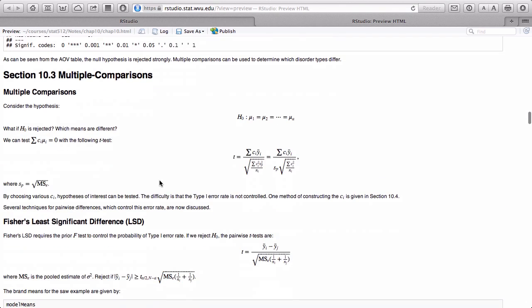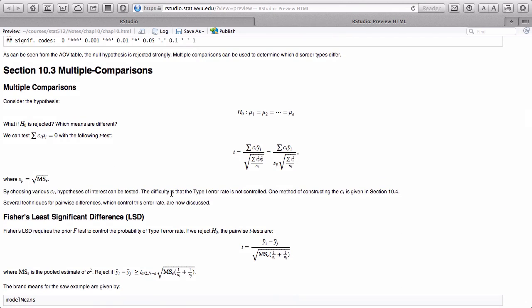Now, if we get to multiple comparisons, I said that we can take some linear combination of the sample means, and we can test whether or not the sum of the c sub i's mu sub i's equals 0, for any arbitrary c sub i, and we actually can get a t-test for that.